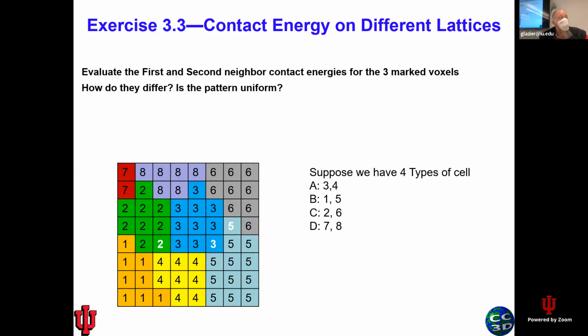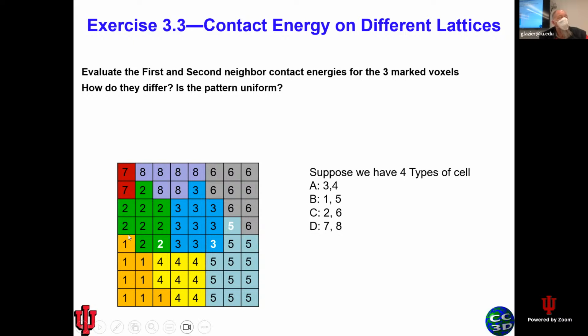The first neighbor, I have 1 neighbor of 2, 1 neighbor 2. Those don't do anything. 2 to 3: 2 is of type C, 3 is of type A, so that gives me 1 JAC. And I have 2 and 4. 4 is of type A, 2 is of type C, so that gives me another JAC.